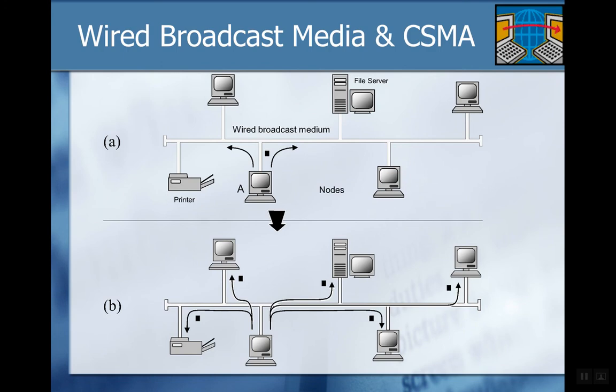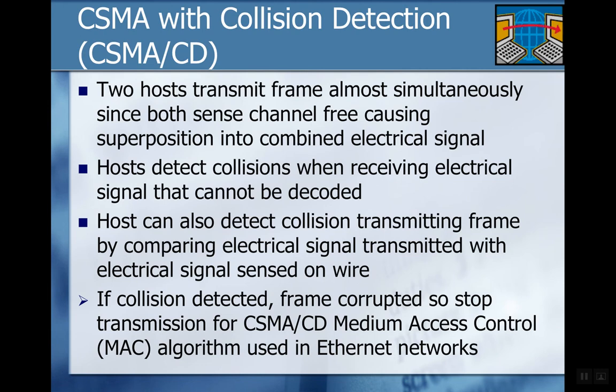So this is just an example of a wired broadcast network. Collision detection: if two hosts are trying to send a packet simultaneously onto the network, it will detect it and then back off the signal.